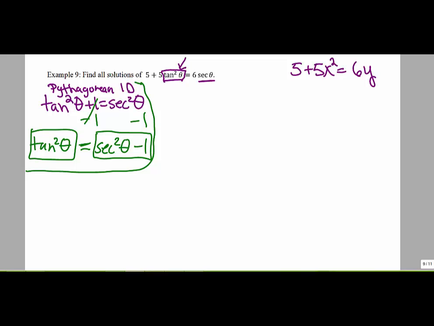So we're going to bring down the 5 plus 5, and we're replacing tangent squared theta with its equivalent, secant squared theta minus 1. And we're going to bring down everything else.